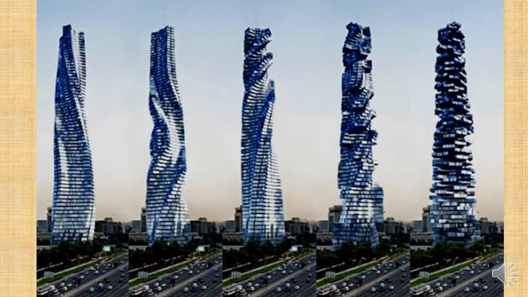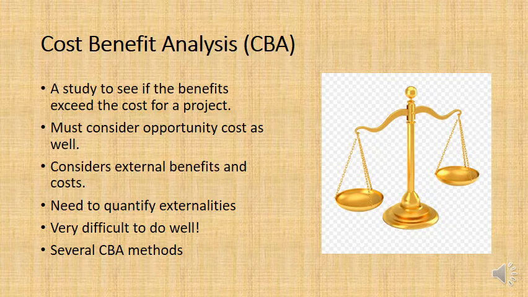Look at the motorway at the bottom of that skyscraper. That is just as big a project as the skyscraper, but there is far more in the way of external benefit and external cost. Just look at all of those people driving on the road. They are all external beneficiaries of that road.